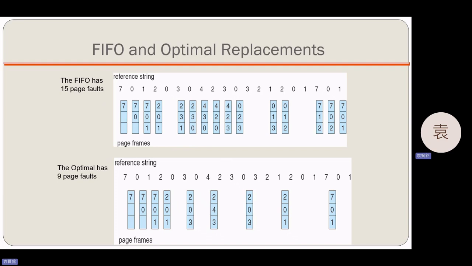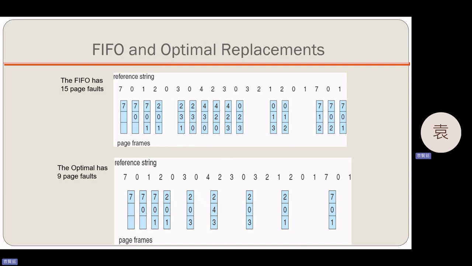And with the optimal algorithm, when there's a page fault, in here the first pages 7, 0, 1 all generate page faults, and then 2 generates a page fault. But instead of replacing the oldest, we look at the next references for 7, 0 and 1. The farthest one is 7, so we replace the position of 7 by 2.